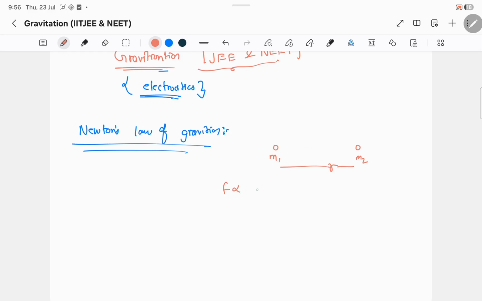That force of attraction will be directly proportional to the product of their masses, and inversely proportional to the distance between their centers. So this is Newton's formula for gravitational force.